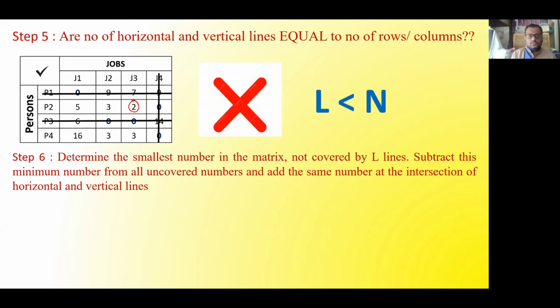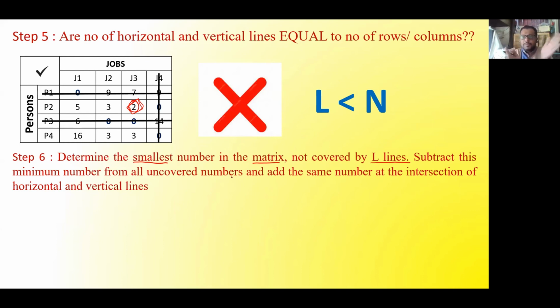Now what we have to do is determine the smallest number in the matrix not covered by lines. So what we have done, we have done that only. We have selected this 2 as our minimum number which is not covered. Now what we have to do with this 2, we have to subtract it from all uncovered numbers.